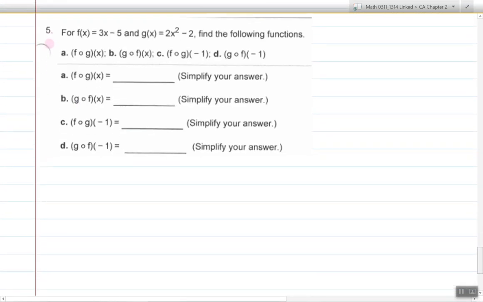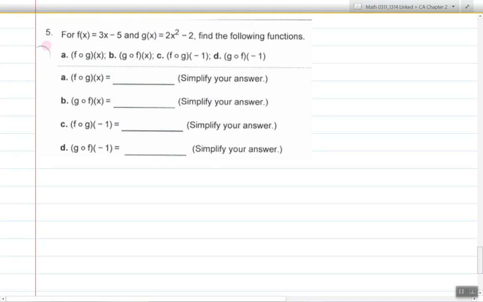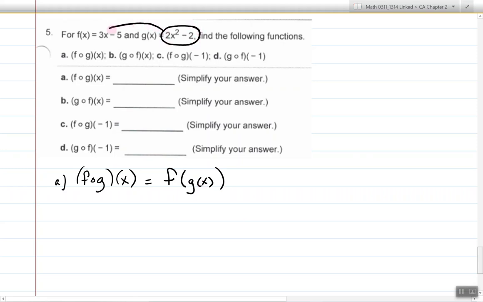Very, very similar questions. The first thing I'm supposed to find for part A is f composed with g for any x. So that's f of g of x. The g of x function is going into the f function. So I'm going to take g and plug it into f.